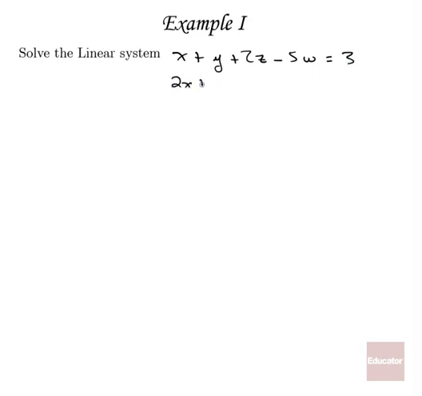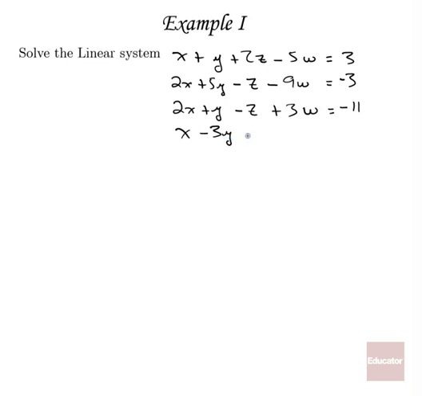We have 2x plus 5y minus z minus 9w equals negative 3. We have 2x again plus y minus z plus 3w equals negative 11. And we have x minus 3y, excuse me, plus 2z plus 7w is equal to minus 5.